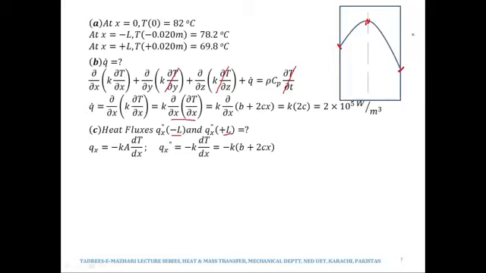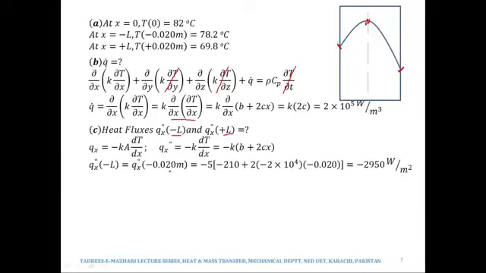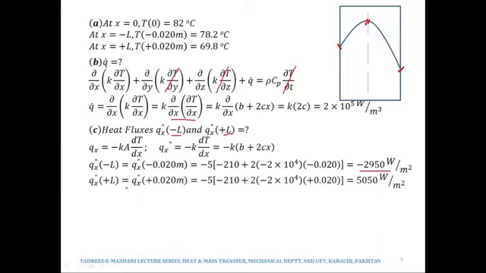Now if we put x as minus 0.020 meters, we get the heat flux as minus 2950 watts per square meter. And when we put x as plus L, meaning plus 20 millimeters, plus 0.020 meters, we get the heat flux as 5050 watts per square meter.